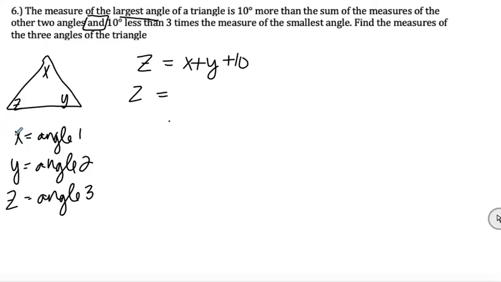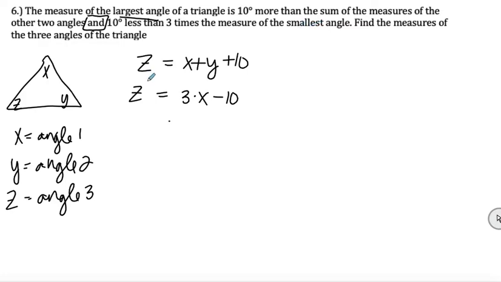If I called X the smallest angle, then Z is 3 times the smallest angle, minus 10, because it said 10 less than. So Z is 10 less than 3 times the measure of the smallest angle.